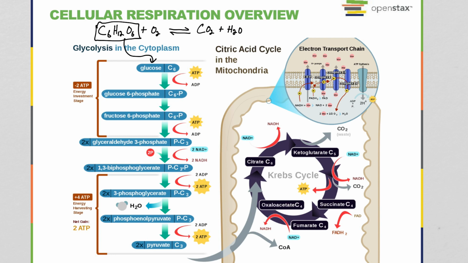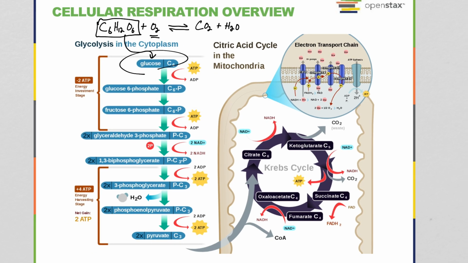You're taking in glucose and oxygen and the products of this entire reaction. So if you start with glucose in the beginning, go all the way through glycolysis, go into mitochondria, go through Krebs or citric acid cycle, go through an electron transport chain. At the end of it, the net effect is you breathe out CO2 and you breathe/pee out a combination of water along with that CO2.